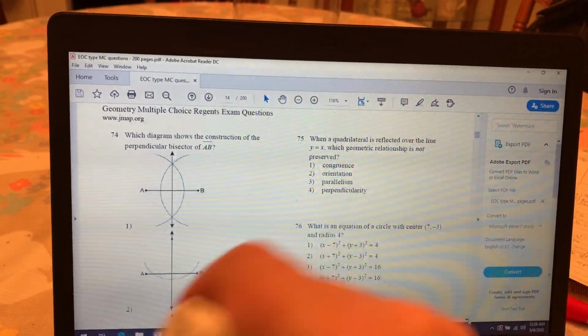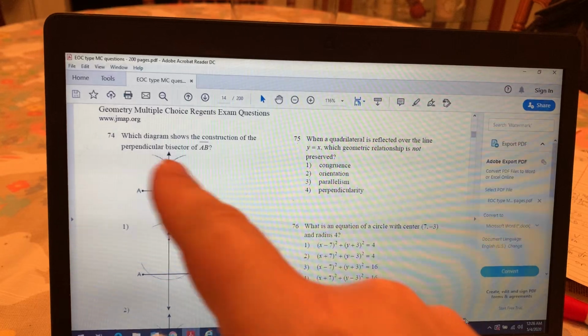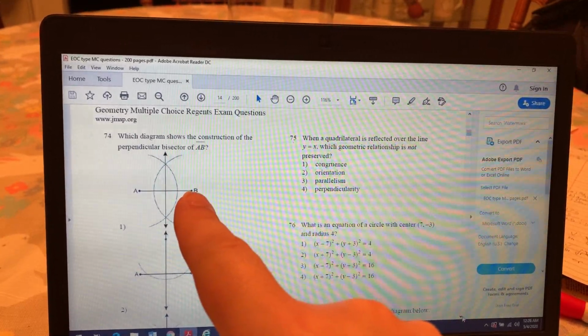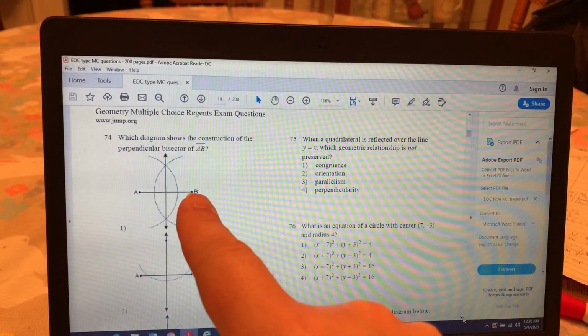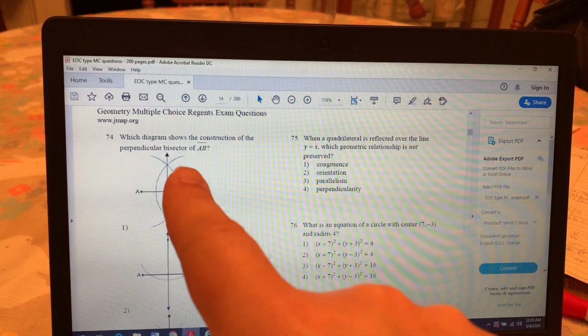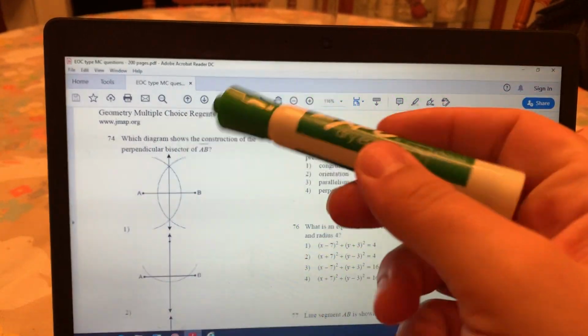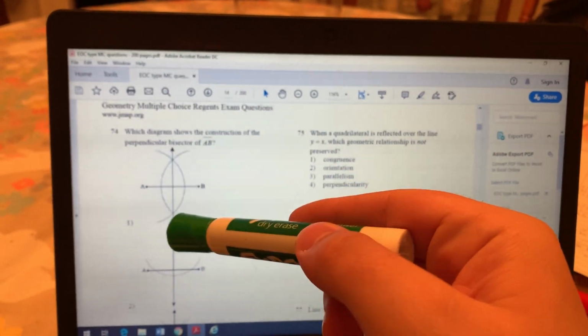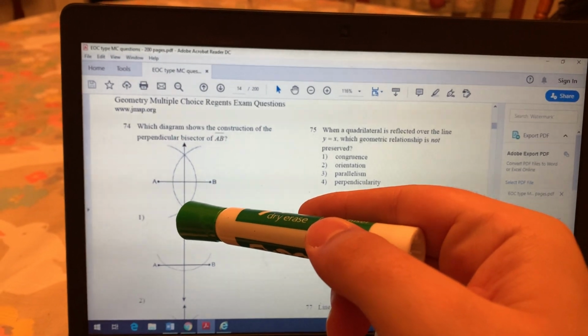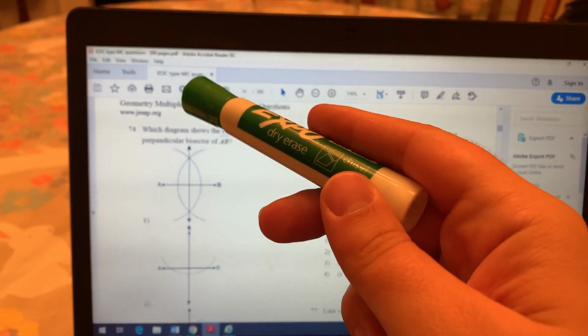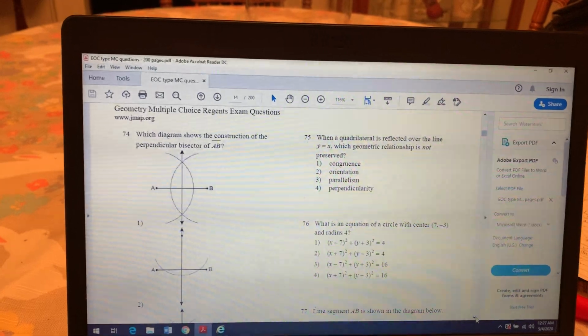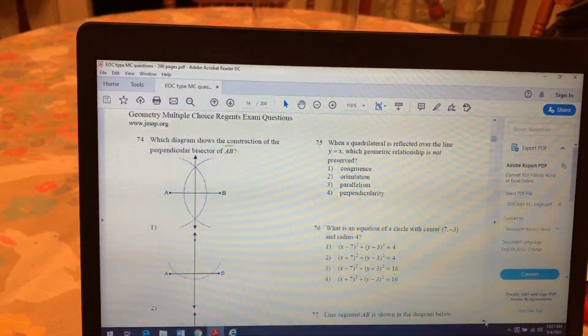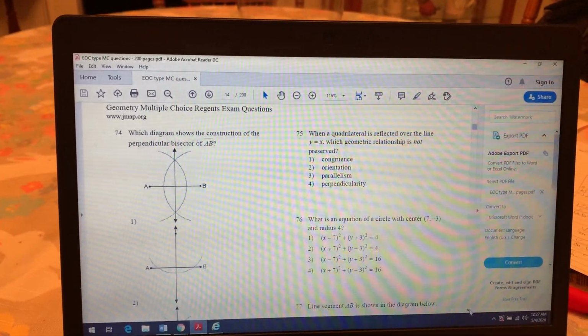So you would set the compass out to a certain radius and draw the circle. You would do the same at point B. You would set the midpoint for the compass at point B and draw a circle. So the two circles would intersect at two spots, here and here. So then you would draw a line connecting those 2 points, which would happen to be perpendicular to AB. Okay? All right.